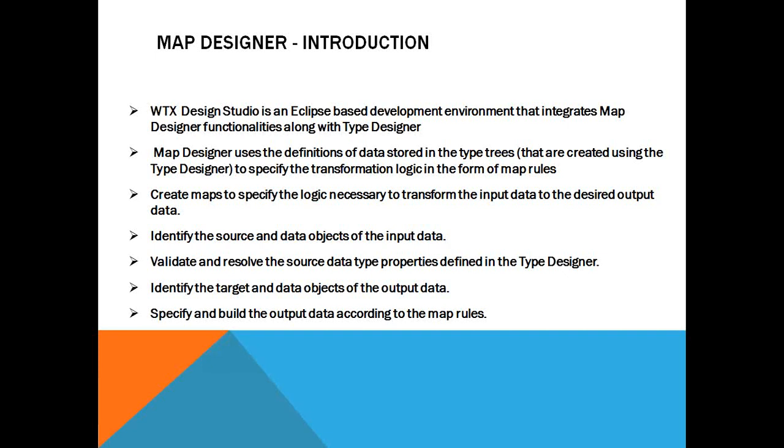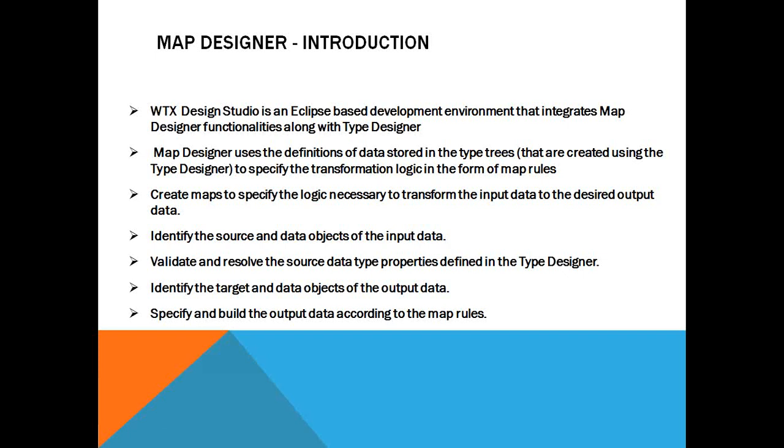So the map will use the type trees to read the data as well as to write the data by using the mapping rules. We write the mapping rules to transform the logic from input to output. So the map designer uses the type trees and, using the mapping rules, does the transformation from input to output.